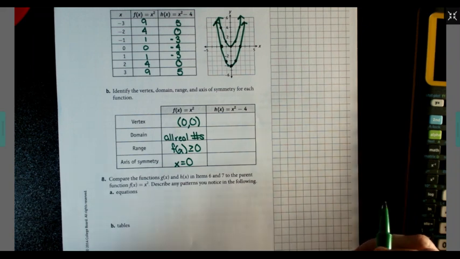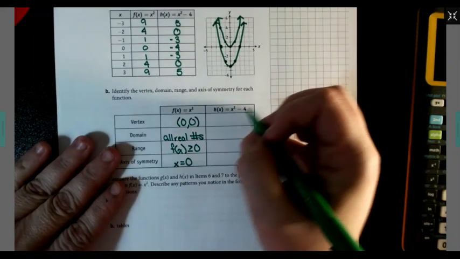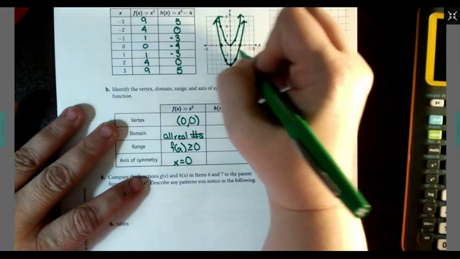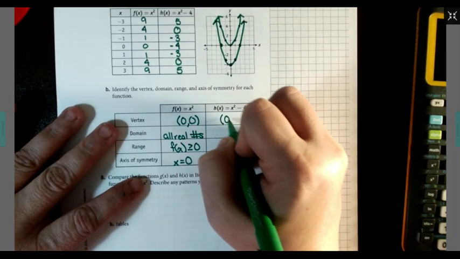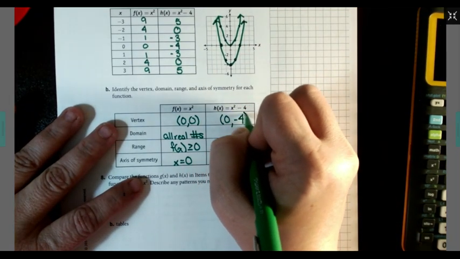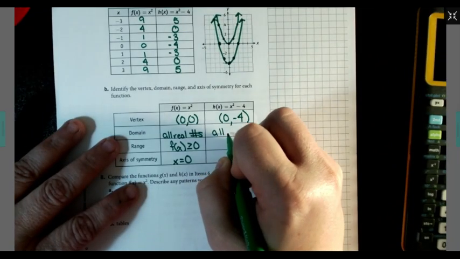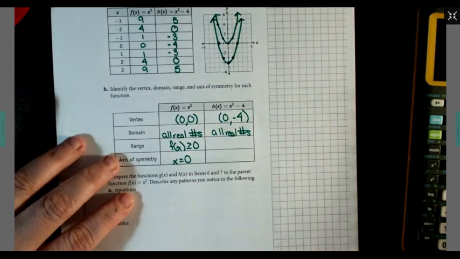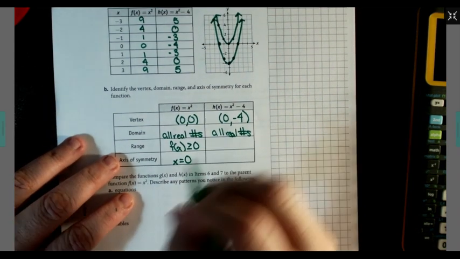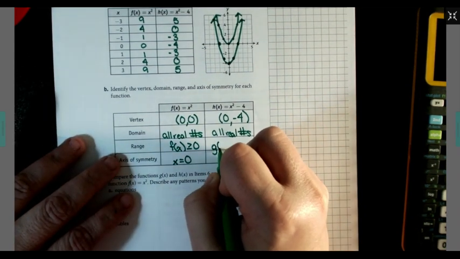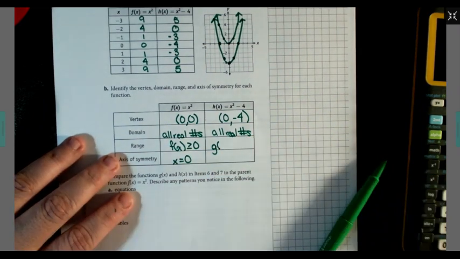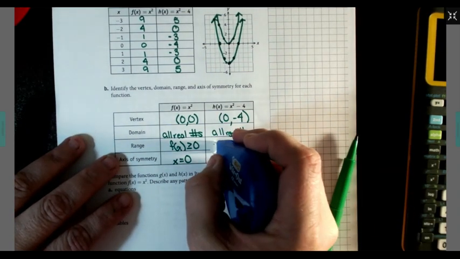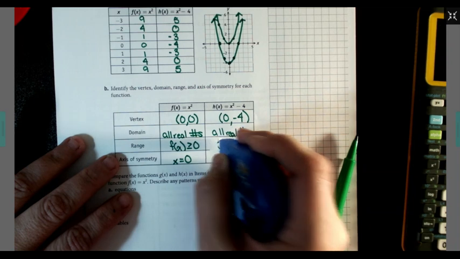Let's talk about what happens when we subtracted 4. My vertex is located at 0, negative 4. We have all real numbers for my x values. For my y values, they have to be greater than or equal to, oops, I can't say g of x because it's actually h is the function's name.